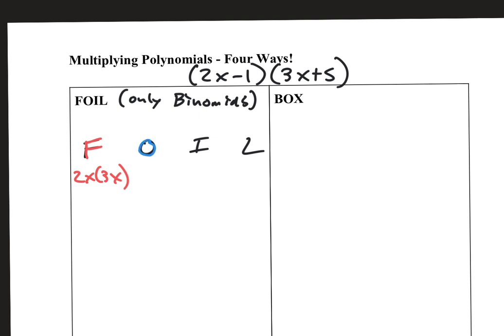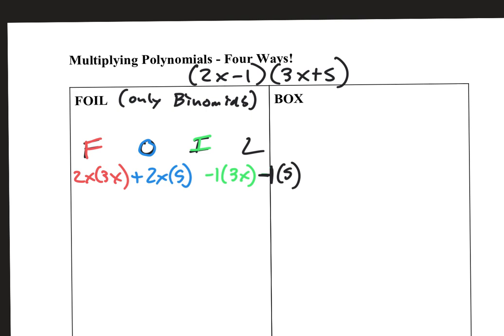The outside terms are 2x and 5. And we're going to be adding each of these terms together. What are the inside terms? Well, the inside terms are negative 1 and 3x. And then lastly, the last I'll do in black is negative 1 and 5.